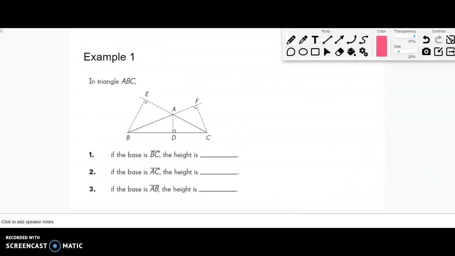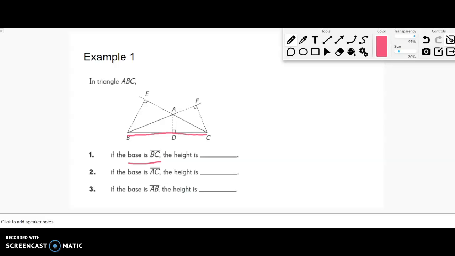Let's take a look at some more examples. So there's this triangle right here. There's a lot of lines happening, but we're talking about triangle ABC. So triangle A to B to C right here. Now they're telling us this thing right here. That means the line that goes from B to C. So they're saying, okay, if the base is this one, what is the height?